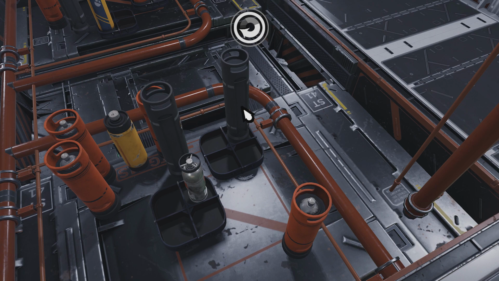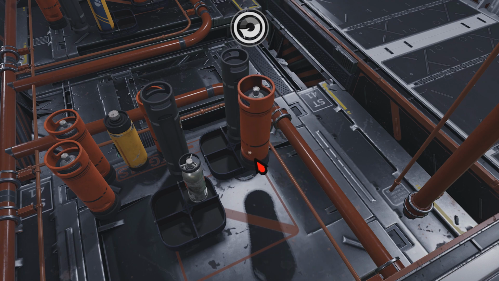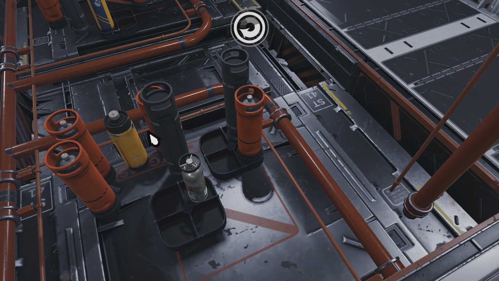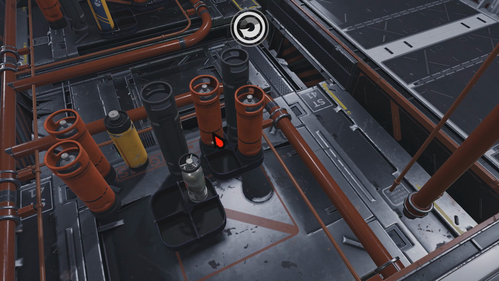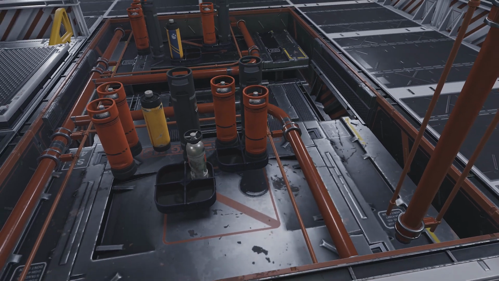Okay, I have a couple that have the black canister in the corner, including one that's literally just that. But yeah, this little canister, I can't.